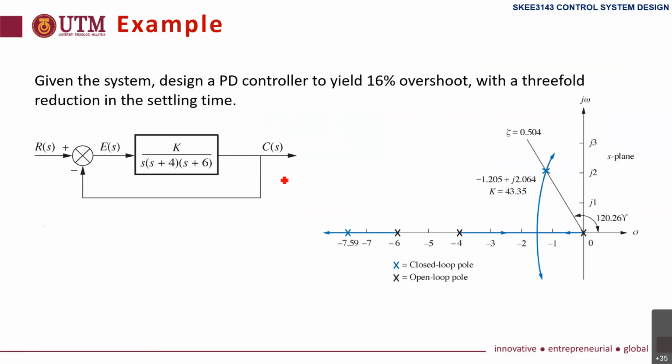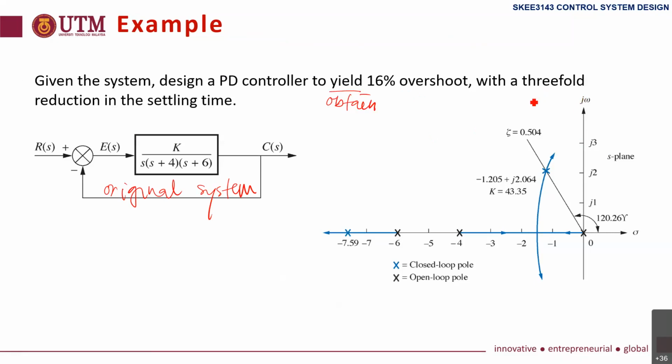Given the system, this is the original system. Design a PD controller to yield, meaning to obtain or to achieve, 60% overshoot with a threefold reduction in settling time.